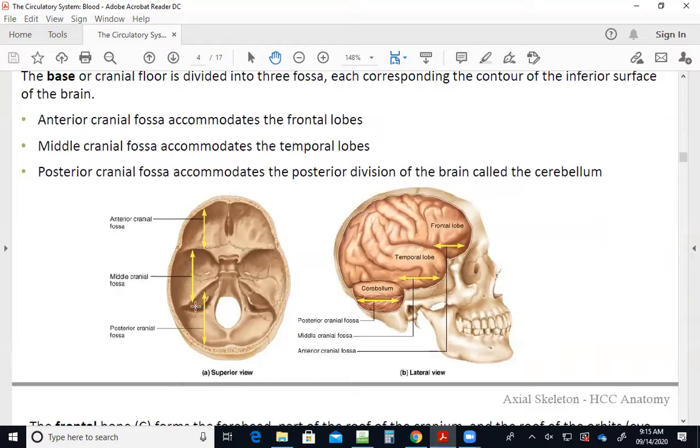Foramen magnum means big hole. That's the hole where your spinal cord goes as it runs down from the base of the brain. That's always posterior, so know that this depression is the posterior cranial fossa. This one has to be the anterior, and then the middle is obviously the middle. Make sure you know those three fossa in the two images.